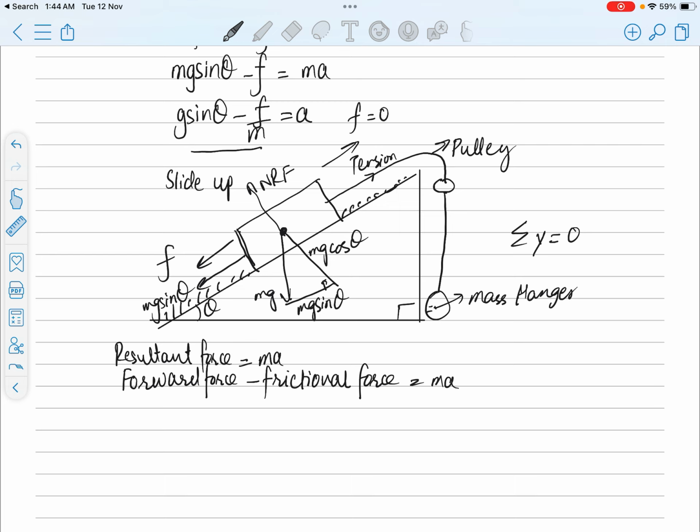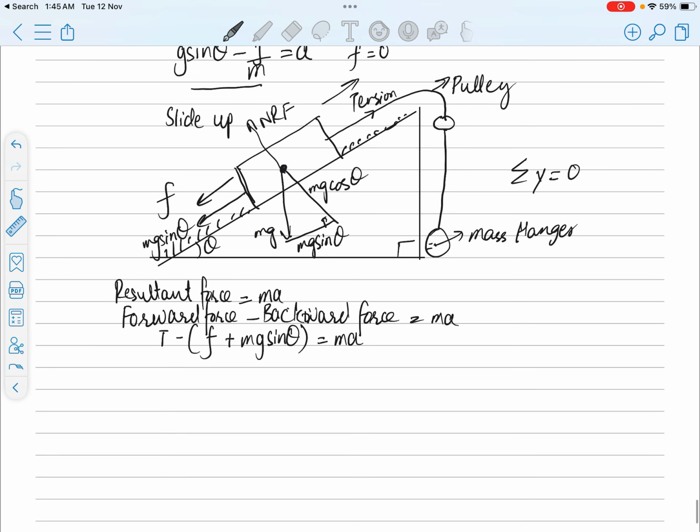So forward force is going to be tension T minus the frictional force. The resultant force is forward force minus backward force. Backward force is F plus mg sine of theta, equals ma.